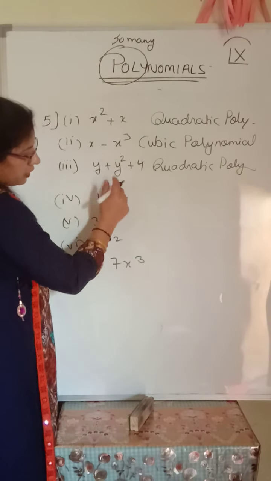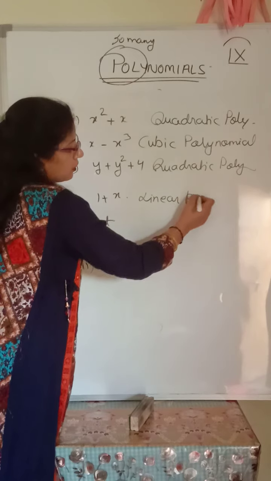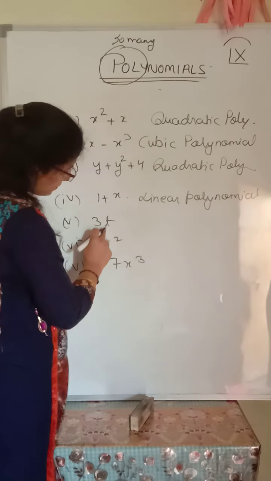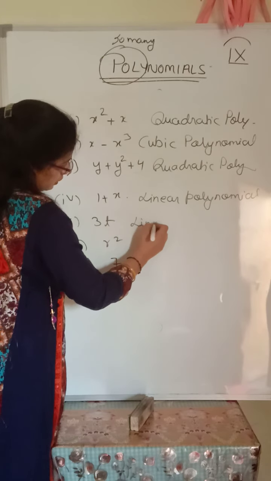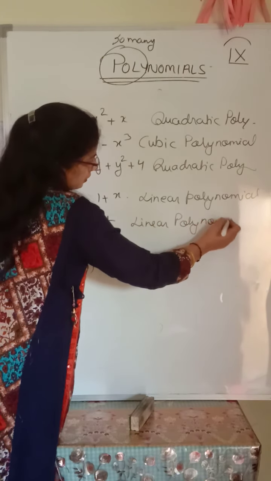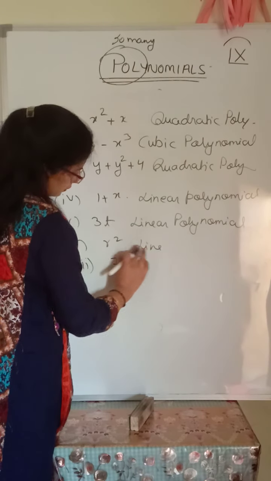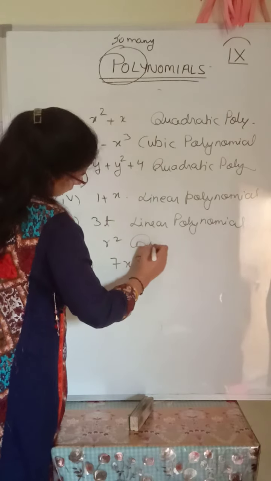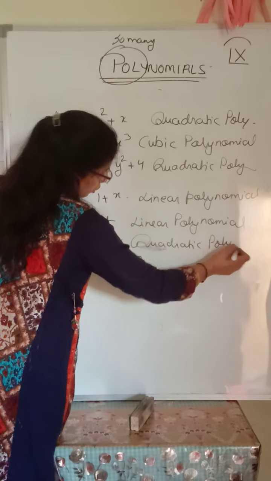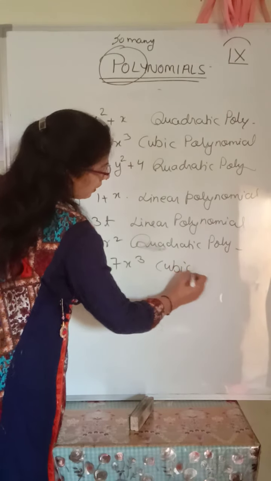Highest power 1. 1 is called a linear polynomial. Highest power 1. Again it is a linear polynomial. Highest power 2. Again a quadratic polynomial. Right, fourth. Highest power 3. It is a cubic polynomial.